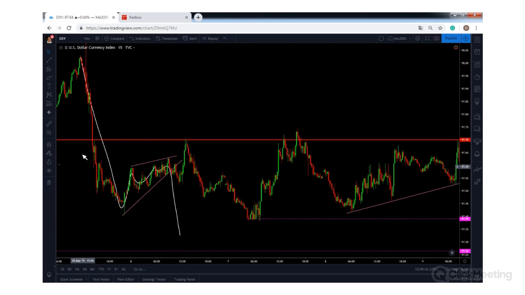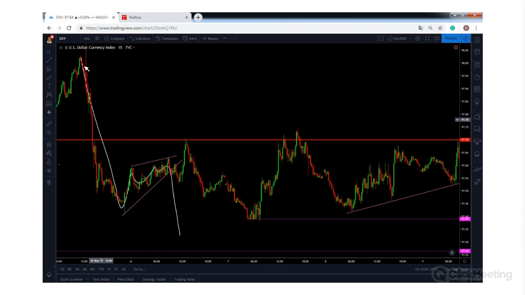The US dollar had broken above the 97.70 level and was trading at around the 98 level before non-farm payrolls. When non-farm payrolls hit, the DXY dumped, and it broke below the 97.70 level.